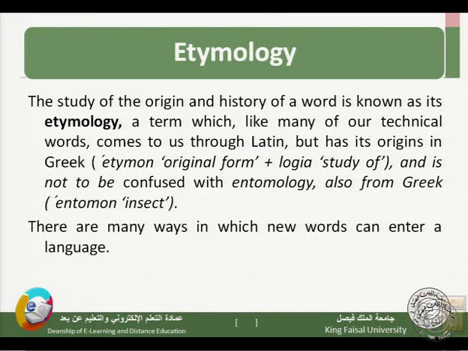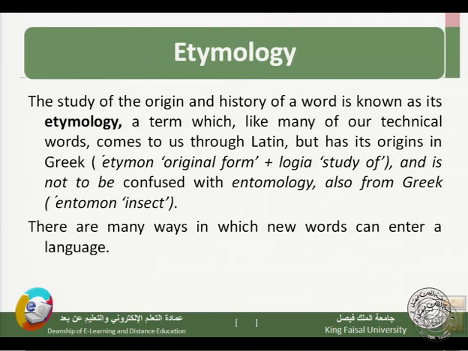Etymology as a term, like many of our technical words, comes to us through Latin. That was speaking about the English language. This word, etymology, comes from the Latin language but has its origin in Greek. Latin got it from the Greek language, and the English language got it from Latin.